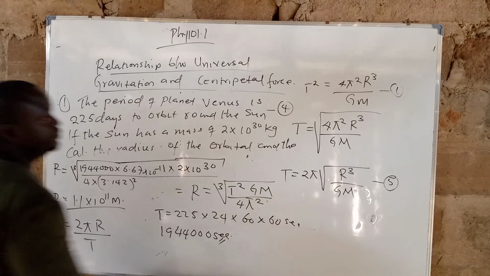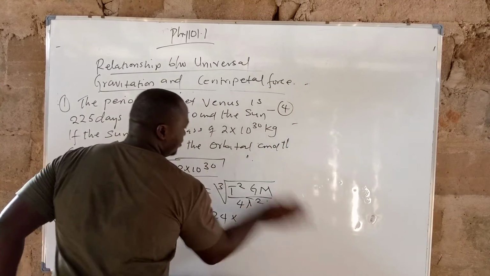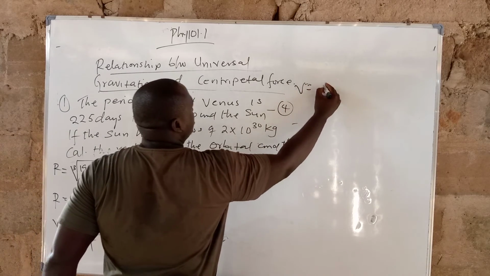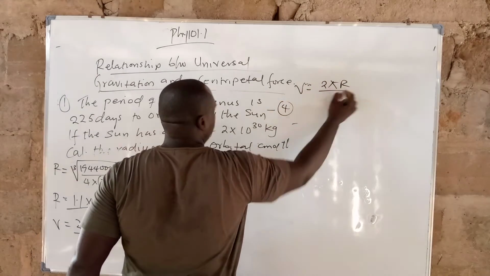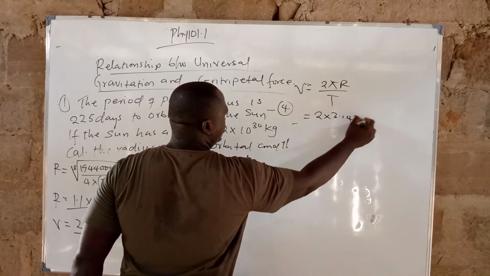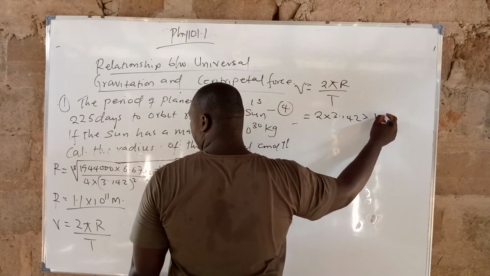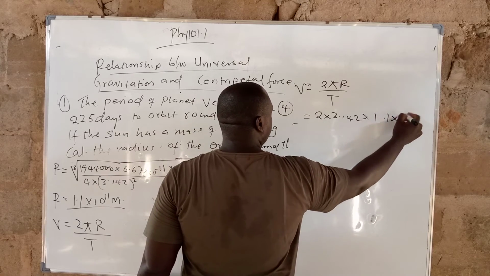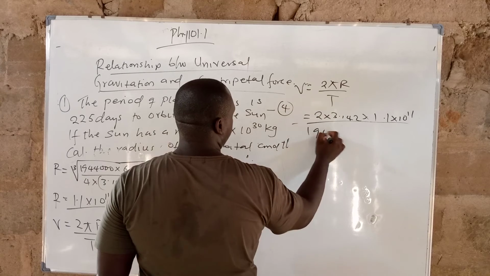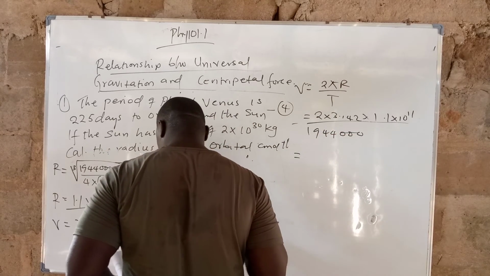So v equals 2 times 3.142 times the radius already calculated to be 1.1 times 10 raised to the power of 11, all over our period, which is 1944000.